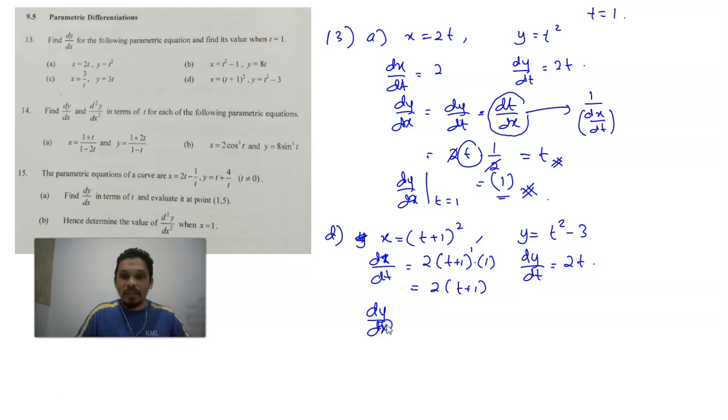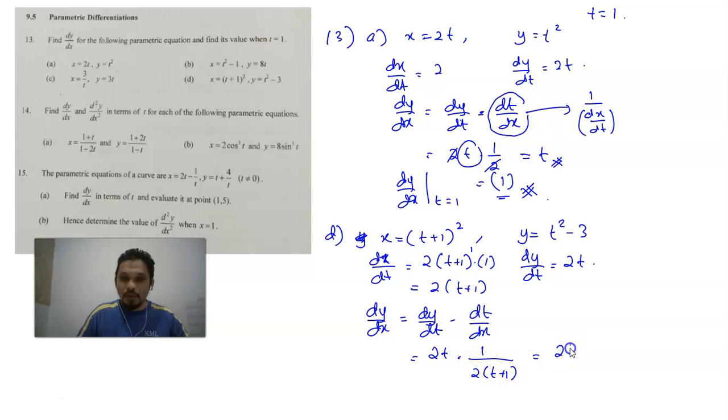So dy/dx equals dy/dt multiplied with dt/dx. dy/dt equals 2t, and what we have here is dx/dt, so dt/dx is 1 over 2t plus 1.